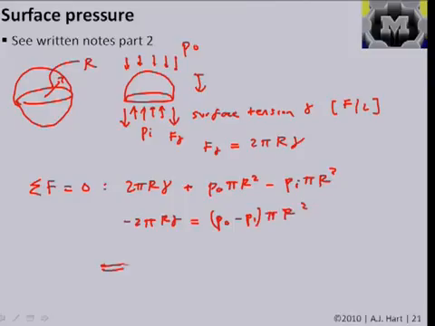And if we solve this out and cancel like terms, we would get that P outer minus P inner is equal to minus 2 gamma divided by r.